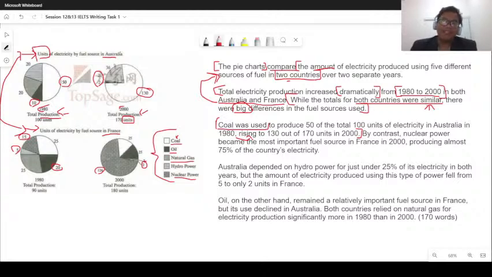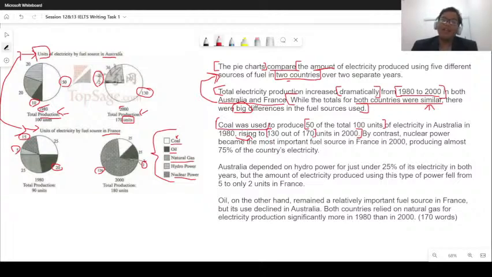So in grammatical range, this person showed a good range in that manner. And then in regards to the numbers itself, let's see how this person does it: 50 of the total 100 units, rising to 130 of the 170.